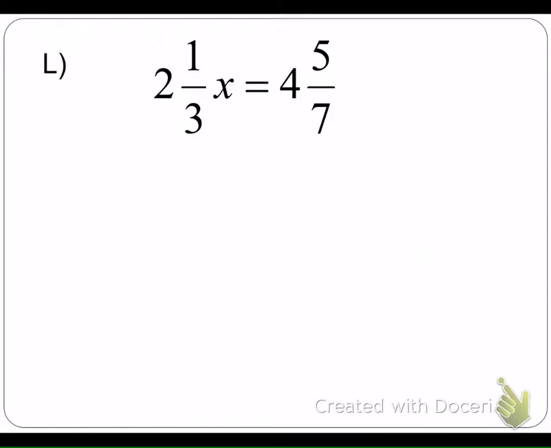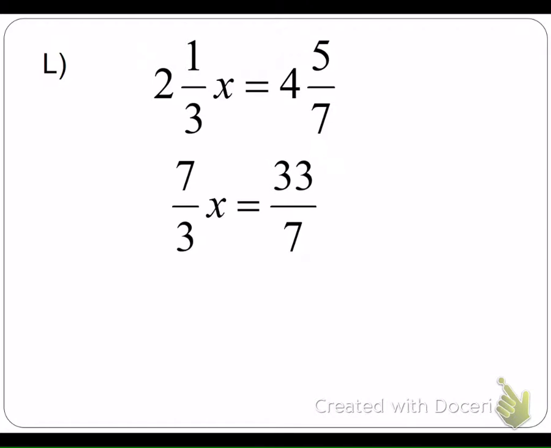So we need to first change these to improper fractions. So we're going to do 3 times 2, that's 6, plus 1, that's 7. So 7 thirds, x, and then when we multiply over here, we do the 7 times 4, that's 28. 28 plus 5 gives me 33 over 7. So first, make them improper fractions. We cannot do much with mixed numbers.